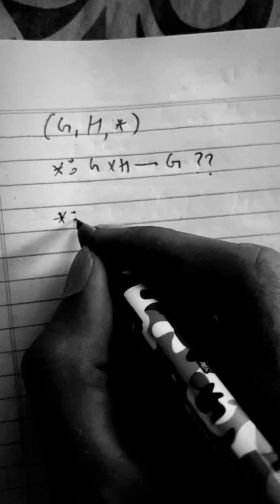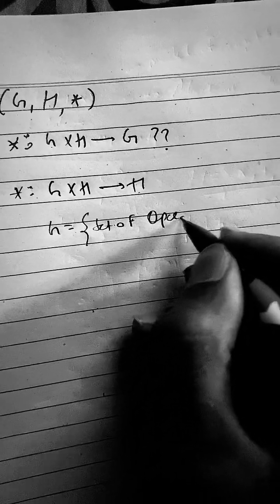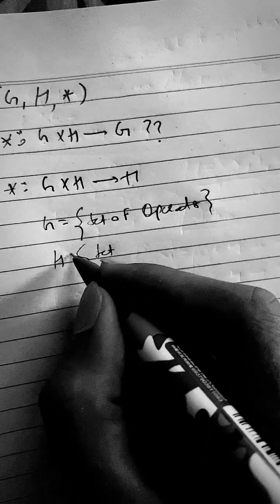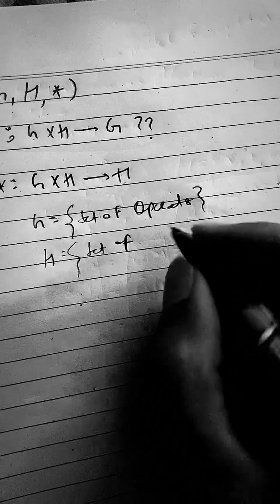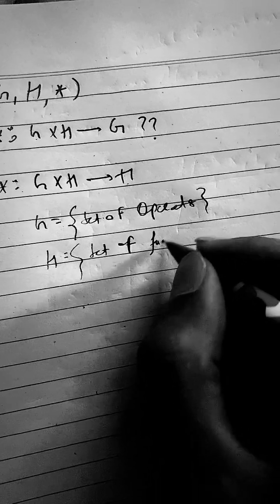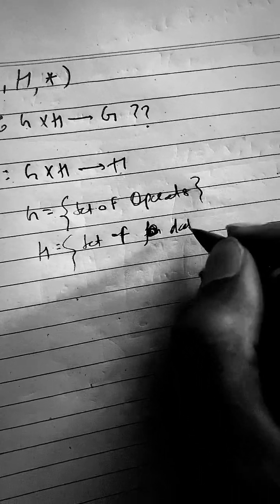Last time we defined this star a minute ago like this, G cross H to H. What is happening? This G is a set of operators. H is a set of, let's say, functions, not functions, I would say some data.